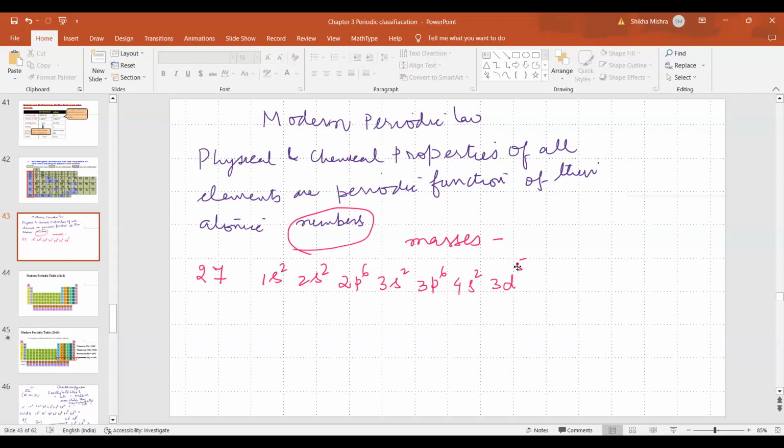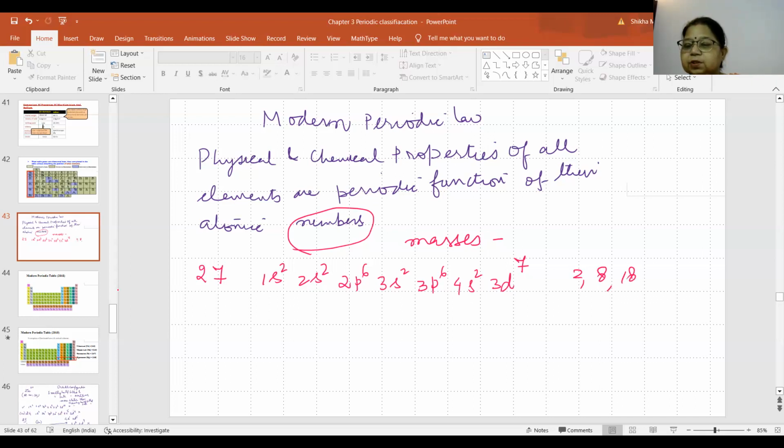I'm getting 1s2, 2s2, 2p6, 3s2, 3p6, 4s2, and 3d7. The correct configuration should be 3d7. Is it clear to everyone? Yes, ma'am.